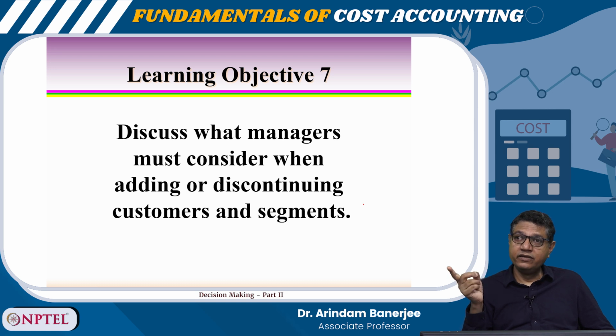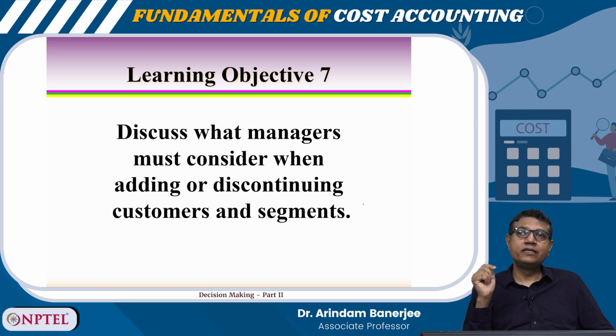Second, is it going to be influenced by my decision of accepting or not accepting this order? Yes, it is going to be impacted by my decision. If I accept the offer, then my total variable cost will increase. If I don't accept the offer, the total variable cost will remain as it was earlier. It is not going to increase further.